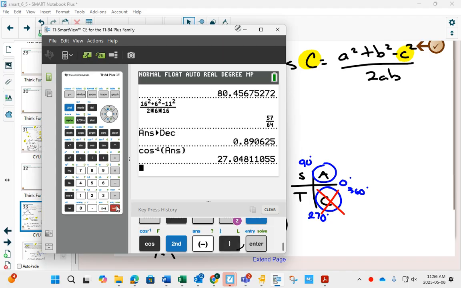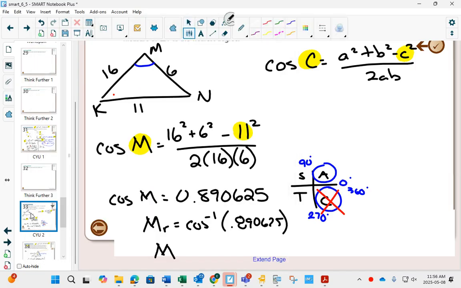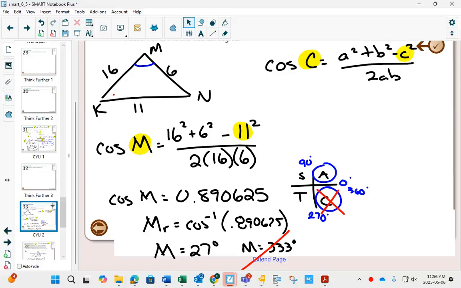I get 27 degrees. Does it ask for the nearest degree? Right? Technically, 333 degrees is the other answer. That would work, but we put a line through that because it's not possible. The only possibility is 27 degrees.